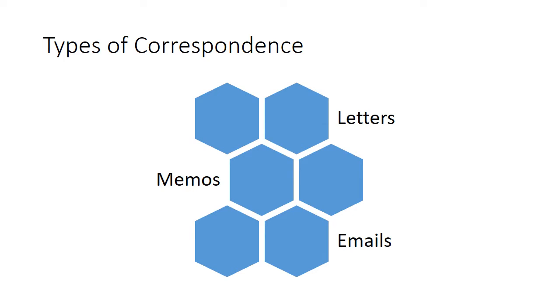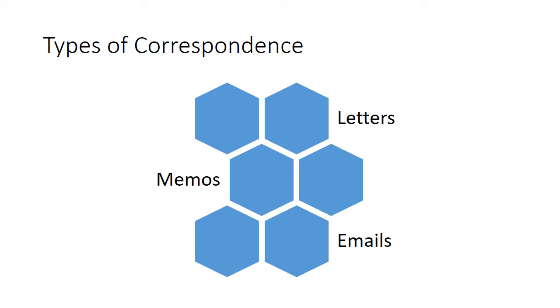First, letters. Letters are the oldest and most traditional form of correspondence, but probably few of you have recently sent a letter that you had to write and stamp and mail. Not even a job application letter. Most of the time, what we get are digital mock-ups of physical letters, even for things like job applications.